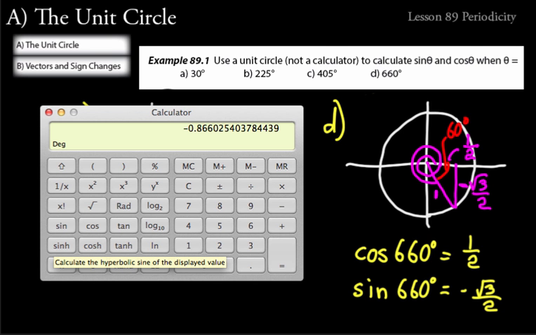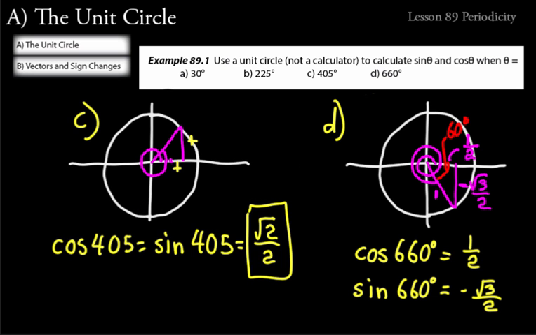So you can check your work that way with the calculator, but remember on these problems, what are we doing? We're trying to get exact answers. So that's 1 over 2. This one's the square root of 3 over 2. There's no rounding involved, no decimals involved. Just the way the calculator calculated cosine of 660, it should have said 1/2, but the method used inside the calculator came up with 0.4999 repeating, which was almost 0.5.